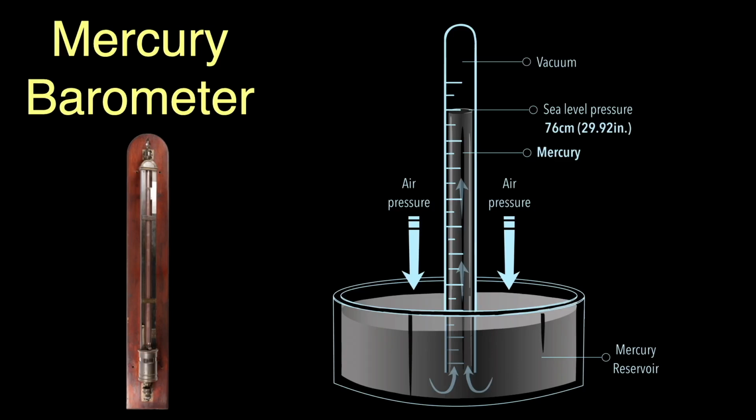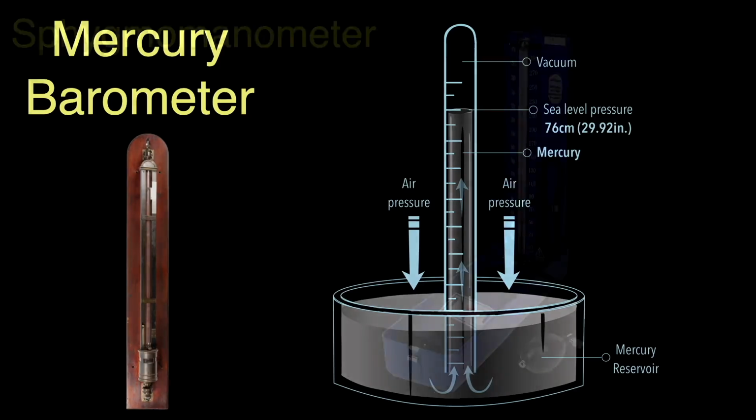The mercury in the tube falls, creating a vacuum at the top until the air pressure pushing down on the surface of the reservoir balances the weight of the mercury in the tube. Measuring the height of the mercury column in the tube and knowing the diameter of the tube and the density of mercury gives you the pressure at the bottom and hence the atmospheric pressure as well. Nowadays, these barometers have almost disappeared, and atmospheric pressure is measured in other ways that are less toxic.